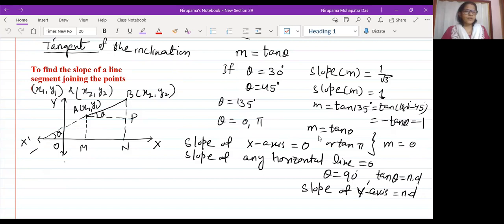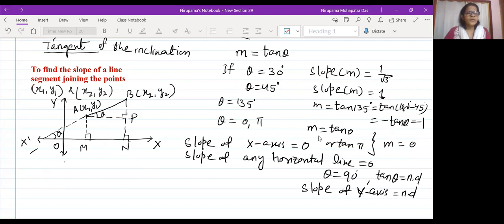Now look at the diagram. I have taken x-axis and y-axis. This is the line segment AB joining A(x1, y1) and B(x2, y2). To find the slope of AB, I have taken AM perpendicular from A to x-axis, BN perpendicular from B on x-axis, and AP perpendicular on BN.